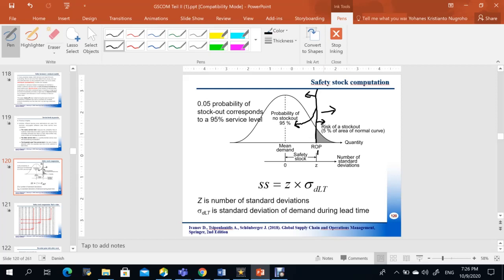However, if we increase the service level, the consequence is a higher amount of safety stock, which is formulated according to the following equation: Z times sigma LT DLT, that is the standard deviation of demand during lead time, and Z is the number of standard deviations. So how to calculate Z?